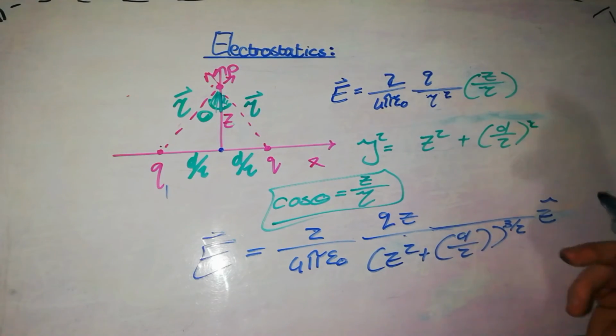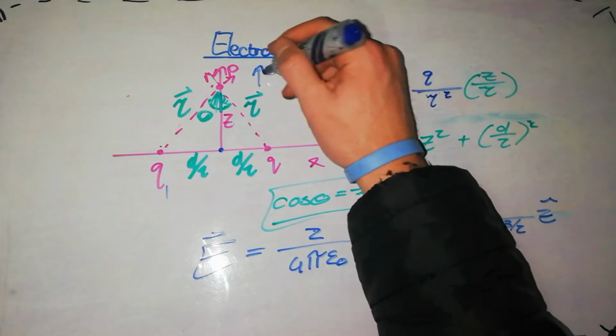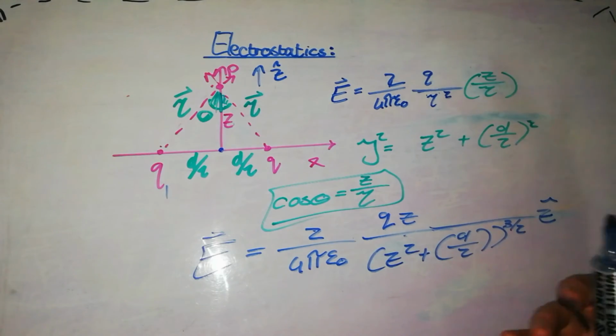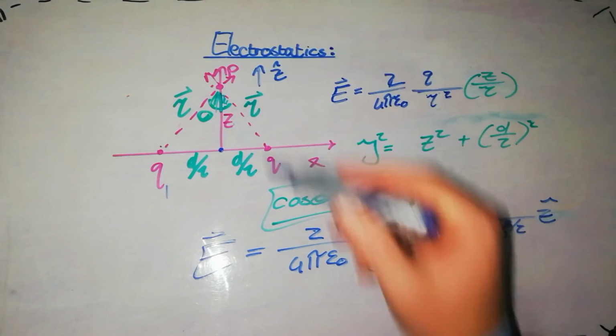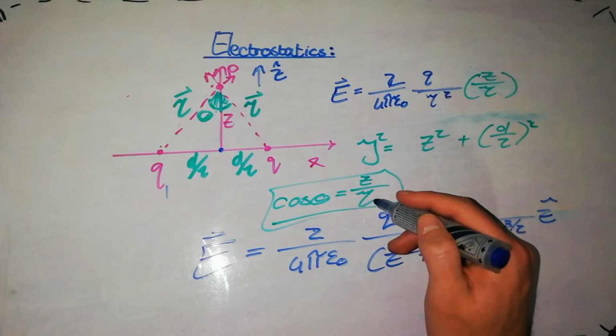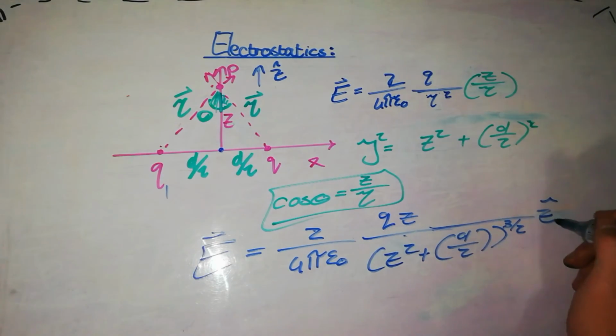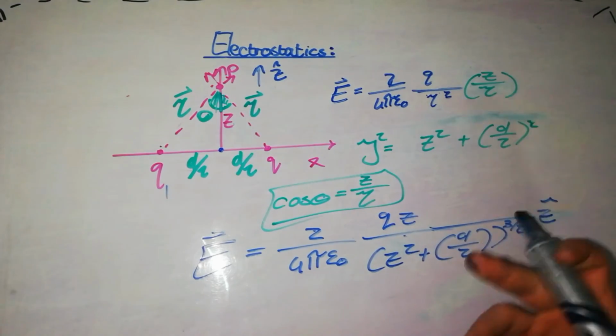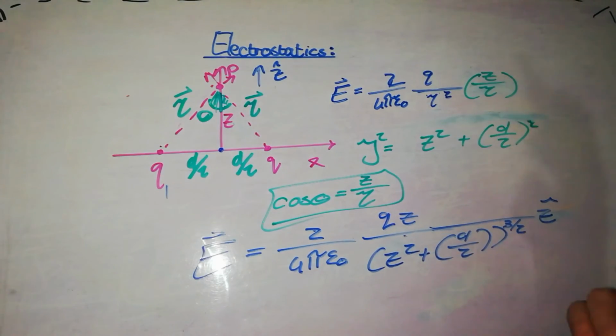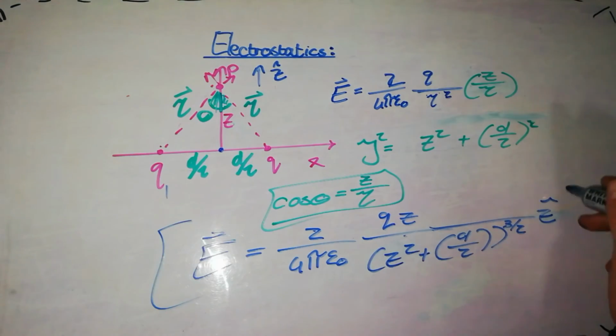But we really wanted it in the z direction so that we can define the electric field that is relevant to us. So we want it to be an electric field that can be used at the application of point P, and hence we use this cos theta term to really get the z hat direction, because the electric field that we want to know is in the z hat direction. We could have gotten it in whatever else, but this is the most applicable form of the electric field, and hence we use it.